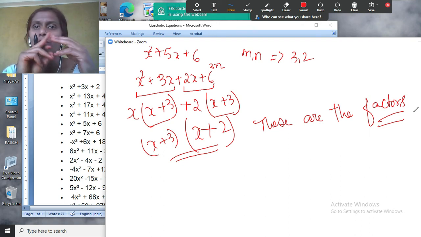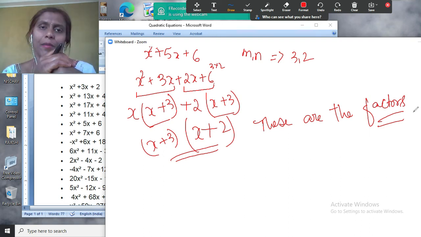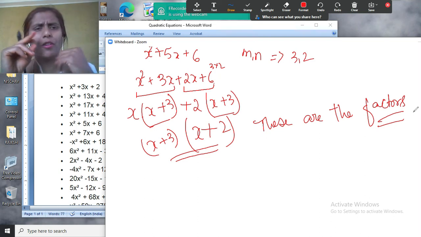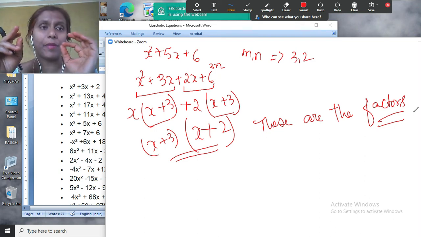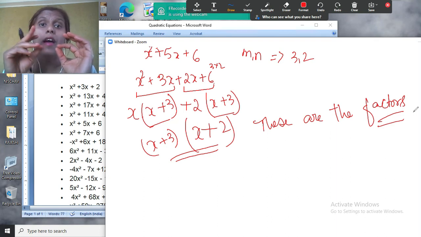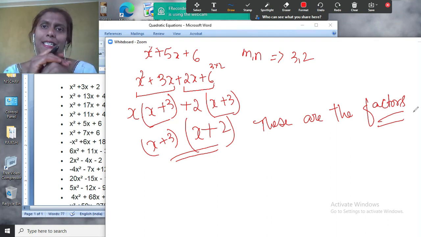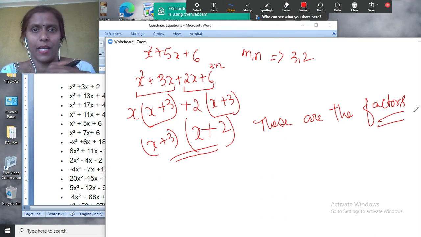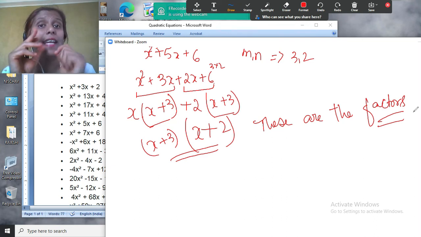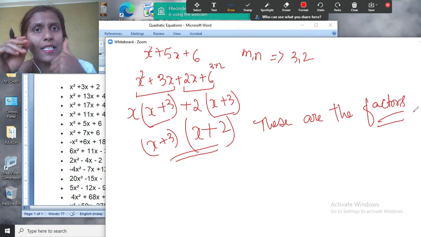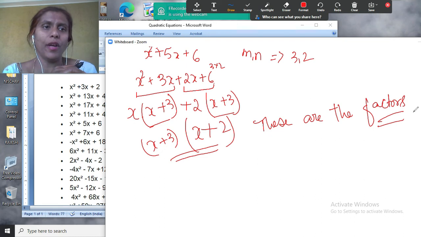Next, step 2, finding the numbers. You can use any method. I prefer the LCM method because as we go higher up, your numbers will not be this easy. They will be very tricky and include minus and plus also. Use your LCM method and get the numbers in such a way that their sum gives you b and their multiplication gives you a into c.